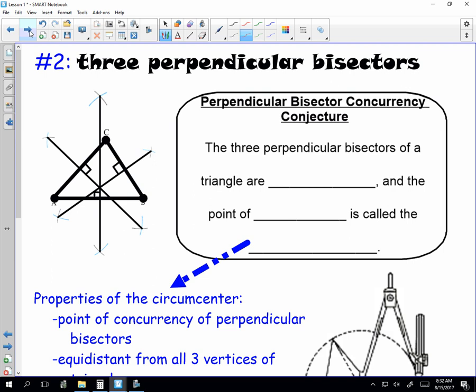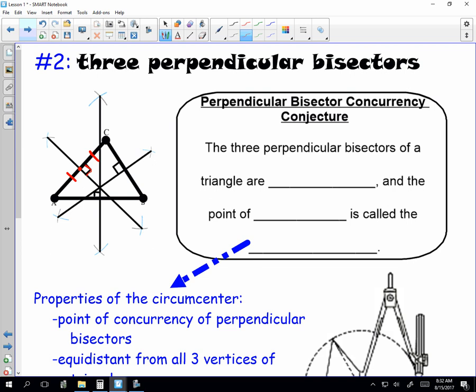The next point of concurrency we have comes from when we have three perpendicular bisectors. So think about what those two terms mean. Bisector means that we're cutting the side length in half. Perpendicular means that we are crossing at that midpoint at a 90-degree angle.